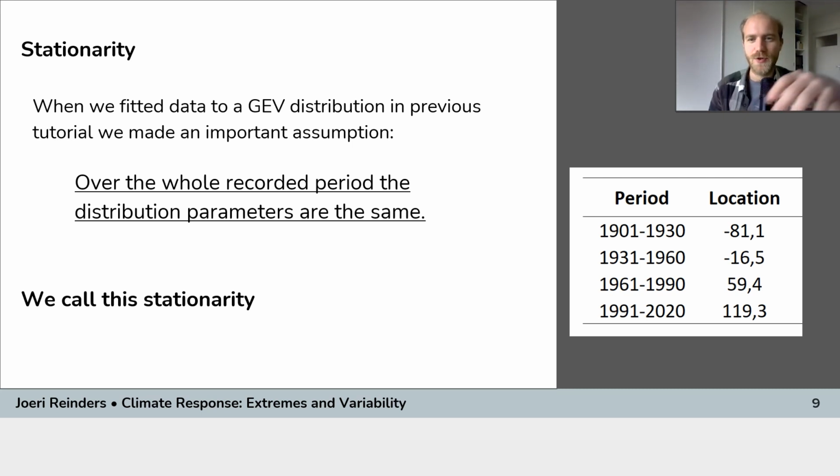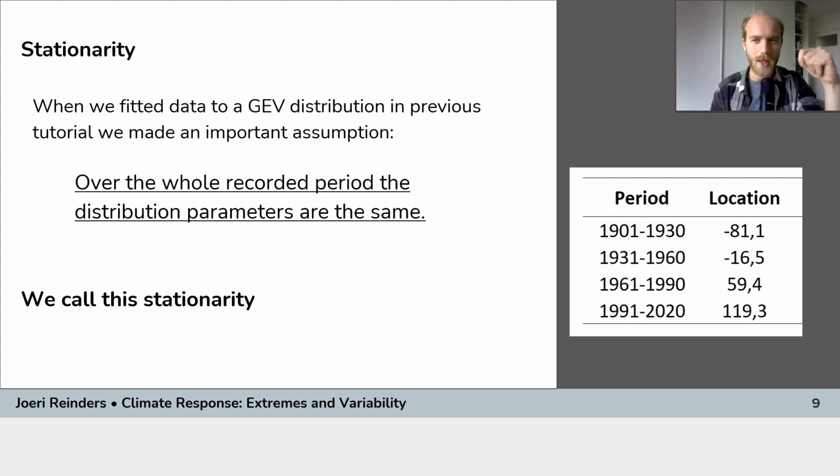Okay. So when we have done our frequency analysis before, we assumed this thing called stationarity. We assumed that the distribution that we use was producing the complete record over time. So, like flipping that sentence, the record that we saw came from the same distribution. However, you have now seen that these parameter values change over time.